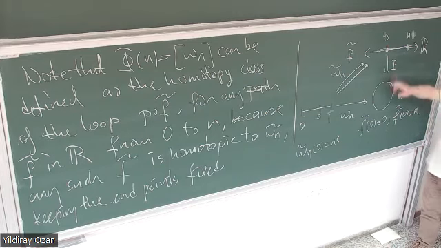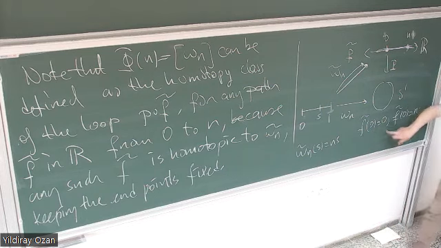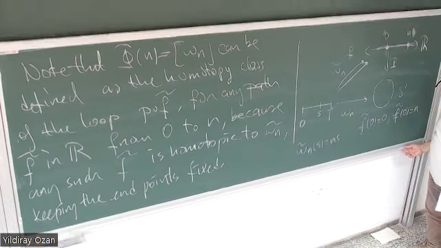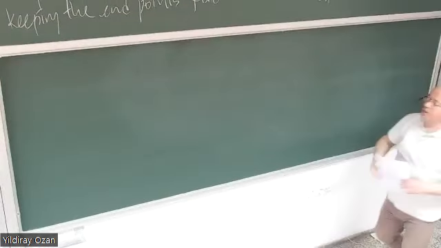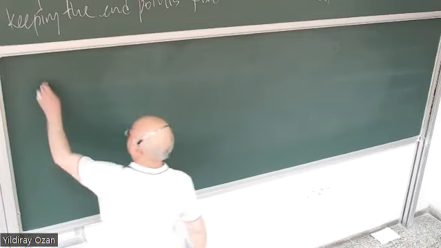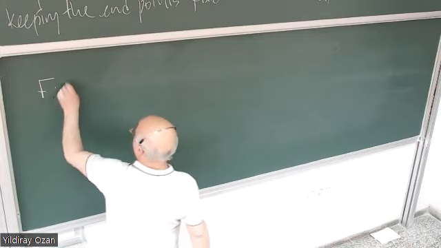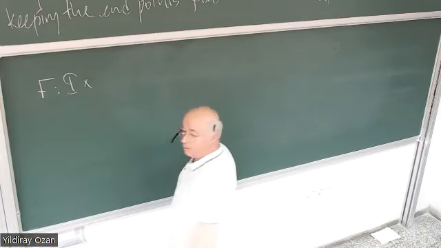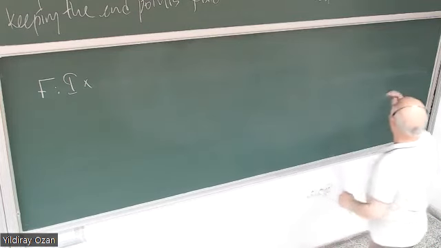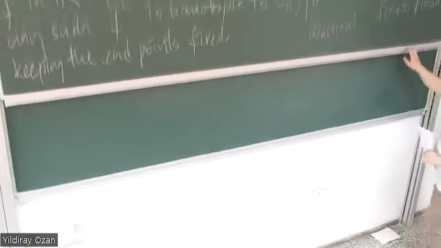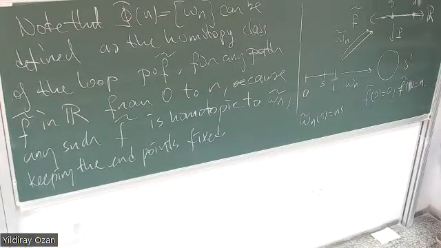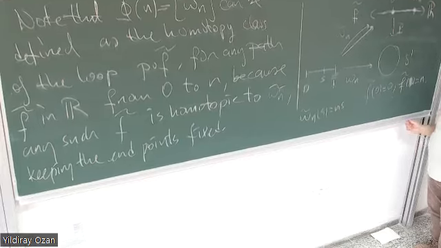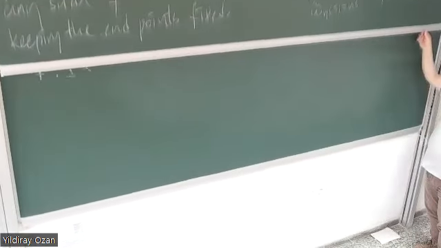What we claim is that this function and this function are homotopic, keeping the base points, keeping the endpoints fixed. So what we claim is this: if you consider this homotopy, oh, I am sorry. If you write like this, it's not a function, right? Same thing is mapped to different things.